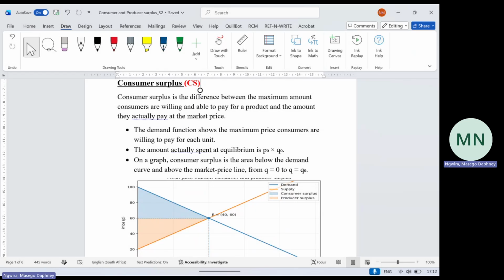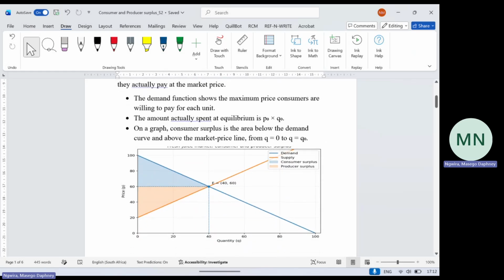The demand function shows the maximum price consumers are willing to pay for each unit, and the amount actually spent at equilibrium is P times Q. Here P0 and Q0 is your equilibrium point. So to get the amount actually spent at equilibrium, you multiply these two.